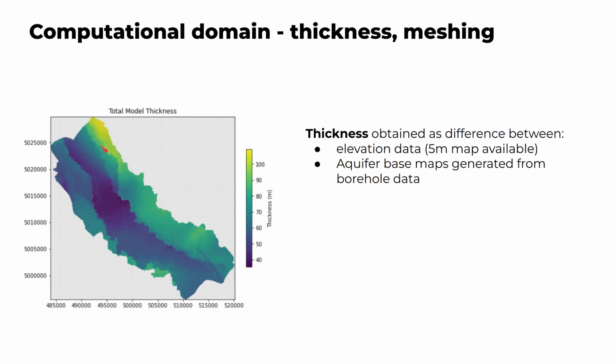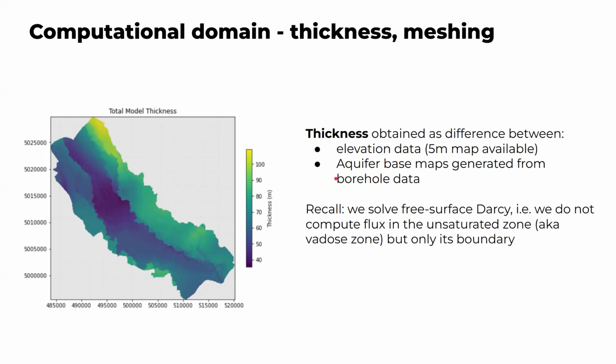It's not that many data, but we thought it was good enough to do some linear interpolation of this data, and the thickness is the difference between the elevation and the aquifer base.